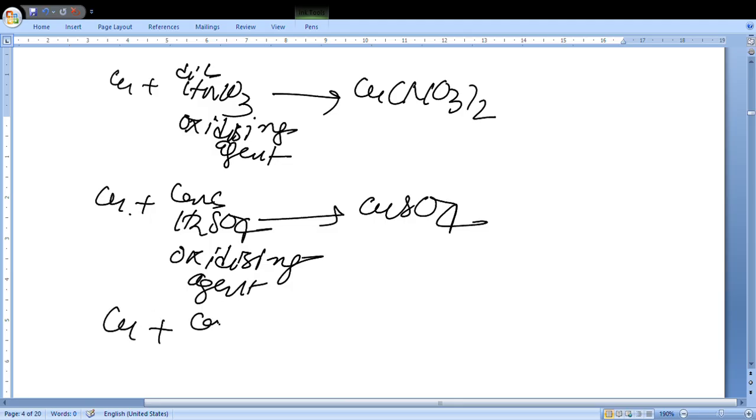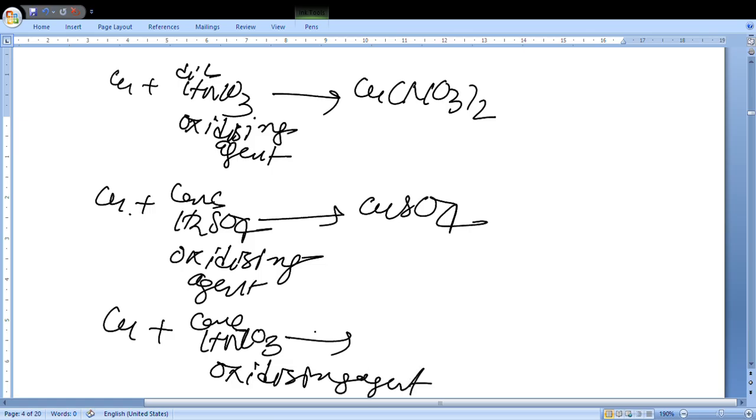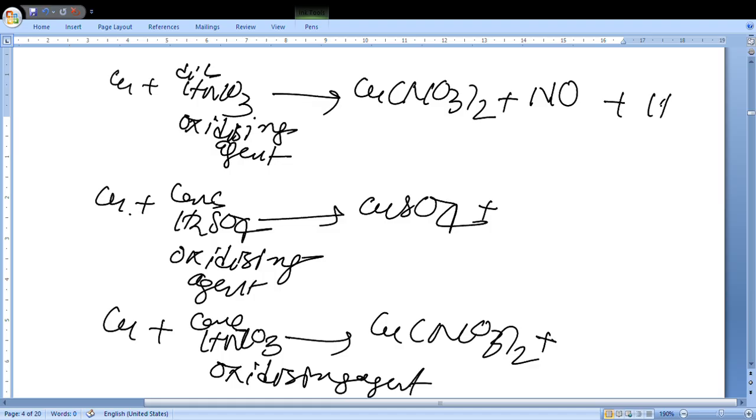Also, if we take concentrated HNO3 here, it will act as a strong oxidizing agent. It will also convert Cu into Cu(NO3)2. This is because of the strong oxidizing property of dilute and concentrated nitric acid and concentrated sulfuric acid. Dilute HNO3 will give a byproduct of NO gas and water.